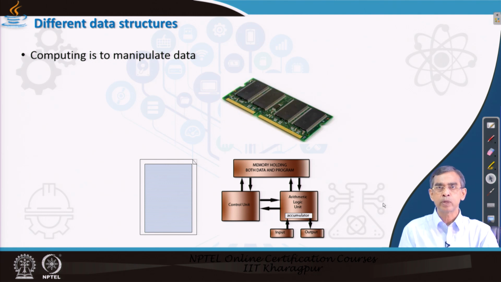Now, why is this storing and retrieving an issue? This is because in our conventional computing concept, whatever program you write solves a certain problem. Solving a certain problem means manipulating data. Basically, a computer is nothing but a data manipulator engine, a data crunching engine.